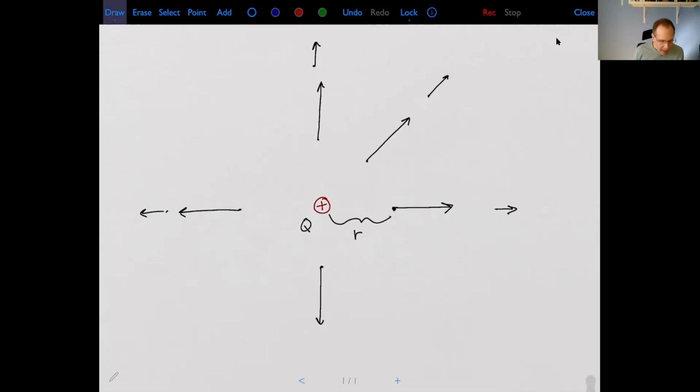But to find the magnitude, the length of those electric field vectors, you want to use the following formula. So I'll write this as magnitude of electric field due to a point charge.